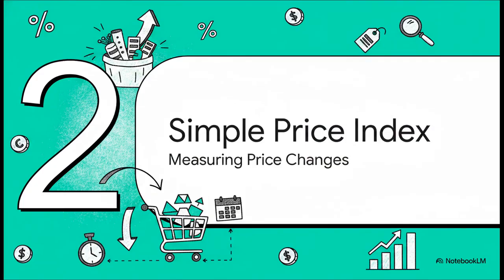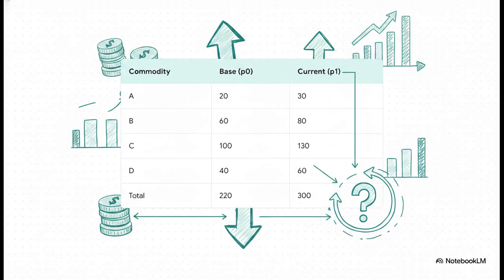Moving on to part 2, the simple price index calculation. Thinking about our data, we've got our four equal weight commodities, A through D. We track their prices in our 2010 base year, that's P0, and we track their 2015 current year prices, P1. Because this is a simple aggregative index, the math is a total breeze.